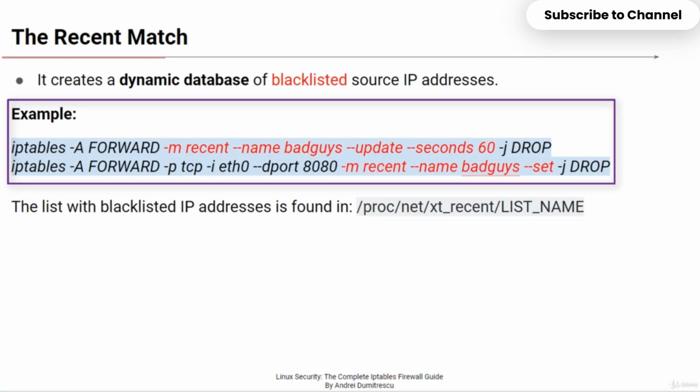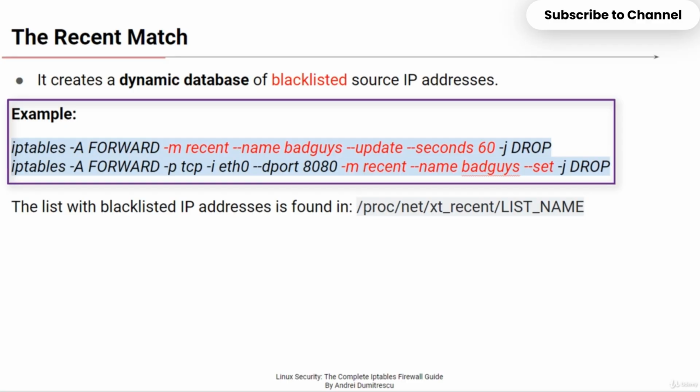Simultaneously, a list named badguys is created and the source IP address of that dropped packet will be added to that list. Later, when a packet arrives and must be routed, it will be inspected by the first rule.